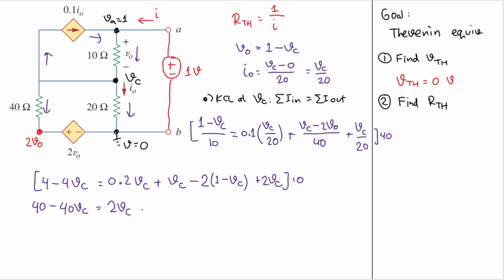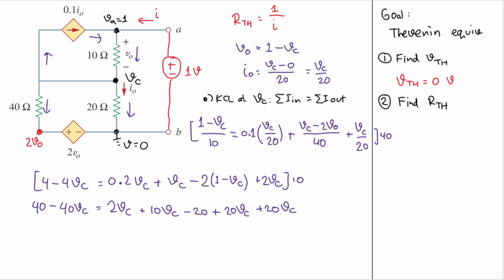And this one will be plus 10 VC. Then I will have minus 20 here, and we multiply things, so we will have minus 20 plus 20 VC, and then plus 20 VC.